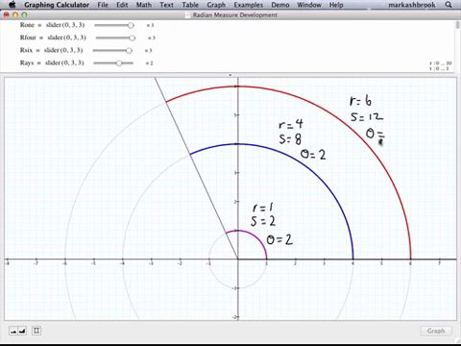Kyle? 2. Doesn't make sense. So look at this. What is theta?